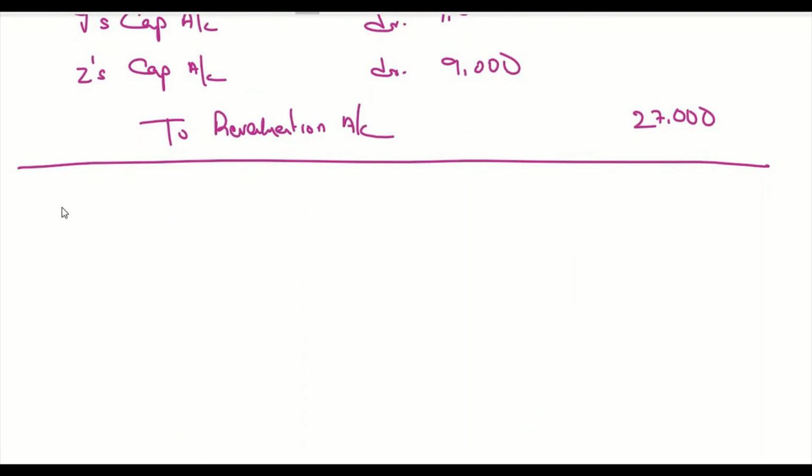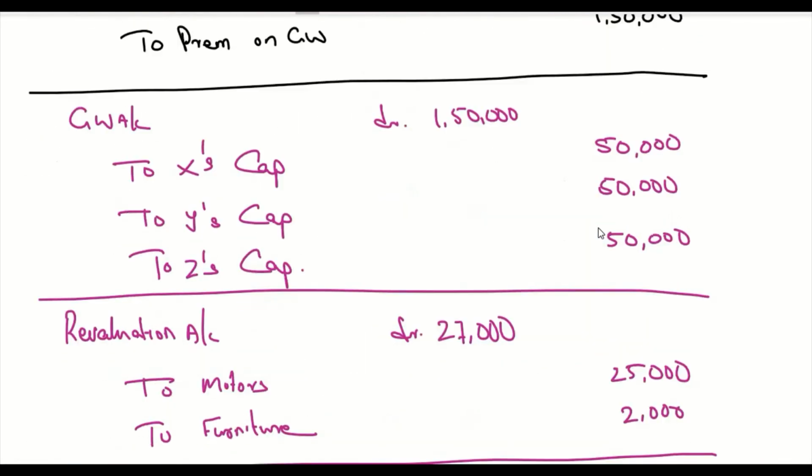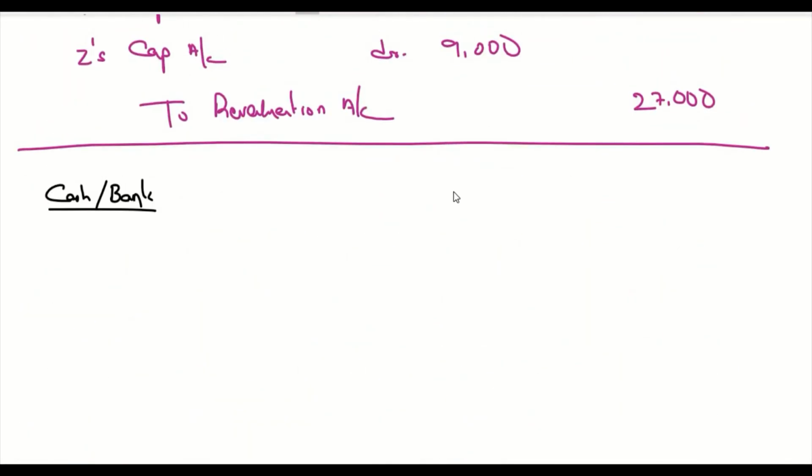First we will find the cash or bank balance. The initial balance is 22,000. Then the new partner is bringing in capital and goodwill, which is 3,30,000.